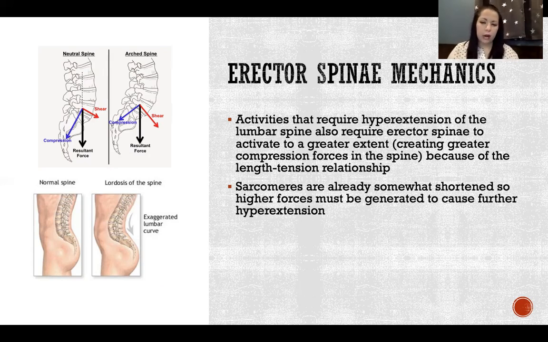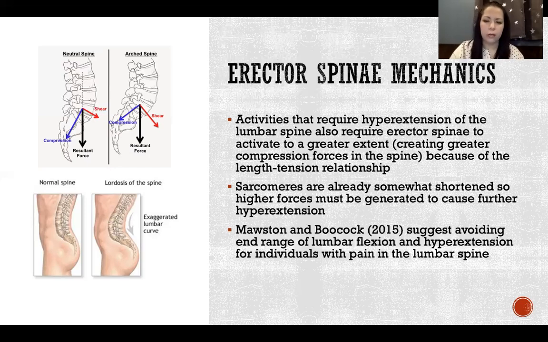So what we're saying here is that in hyperextension or hyperlordosis, we have too much overlap. It's not optimal, which means we have to have a greater amount of force production and greater amount of activation to cause further hyperextension because we're not in an optimal position.